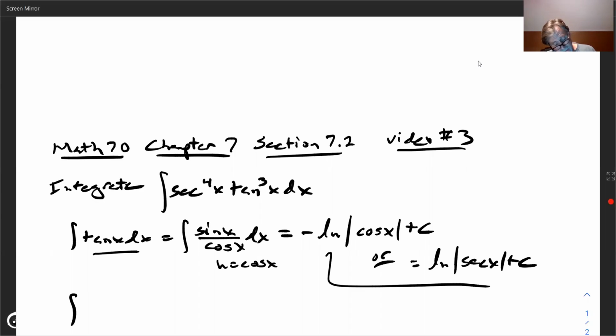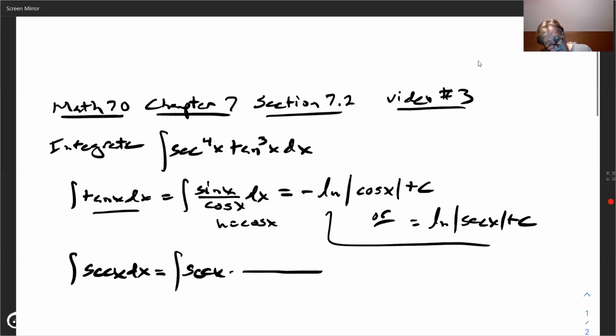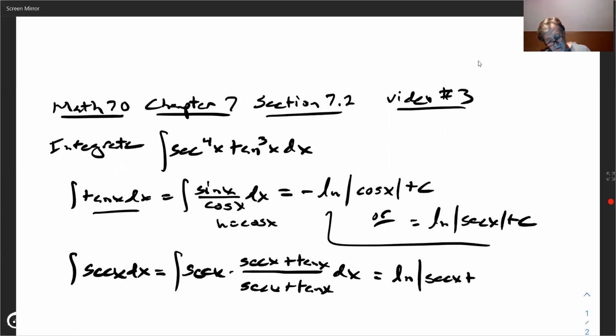Another one, the integral of secant, may or may not have been taught to you. The way they come about that one, and I'll let you fill in the blanks here because I'm thinking you should know some of this, is they multiply top and bottom by secant plus tangent. And ultimately what you get is the natural log absolute of secant plus tangent plus c.